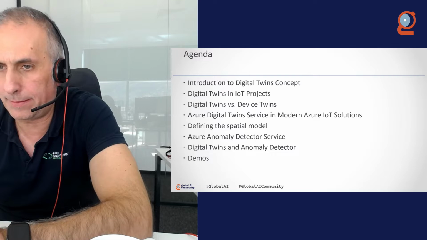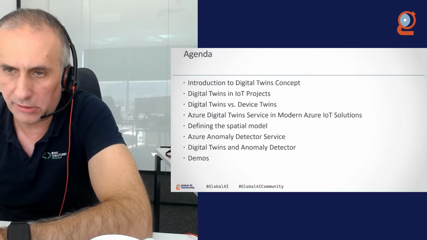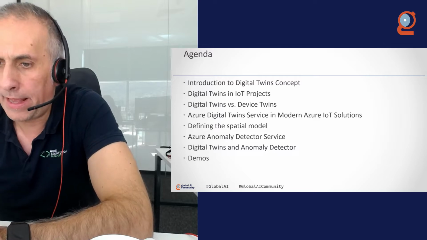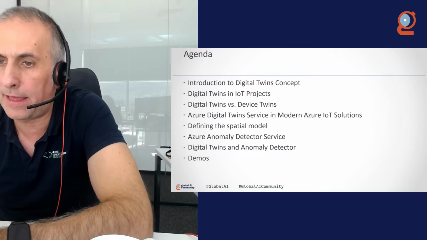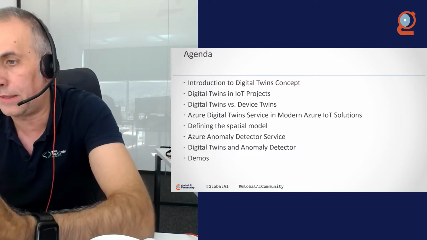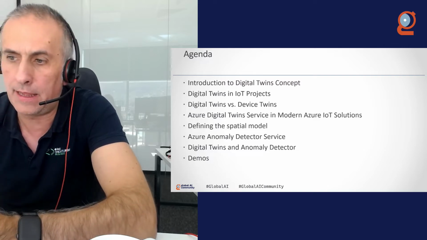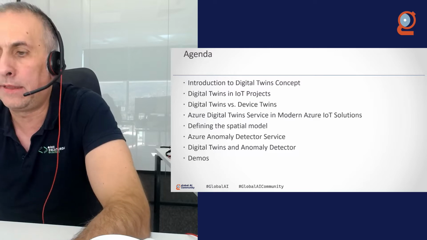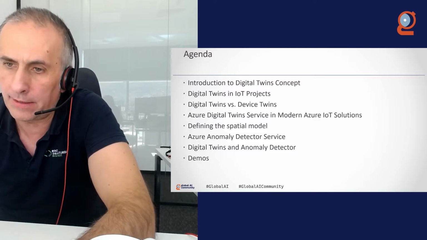So, what we will discuss today, we will discuss digital twins in general, why we can use digital twins, and of course, how to use them in IoT solutions, and how we can integrate digital twins with different services for analytics.